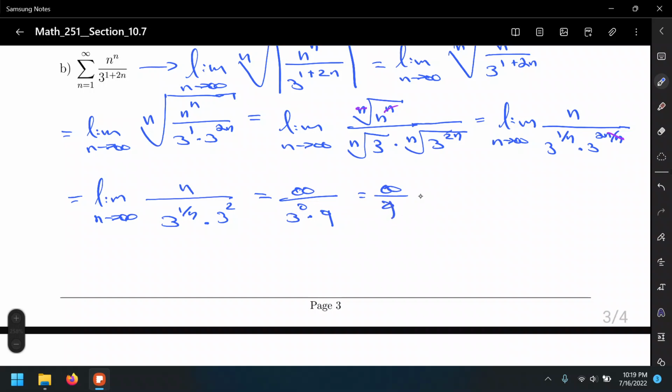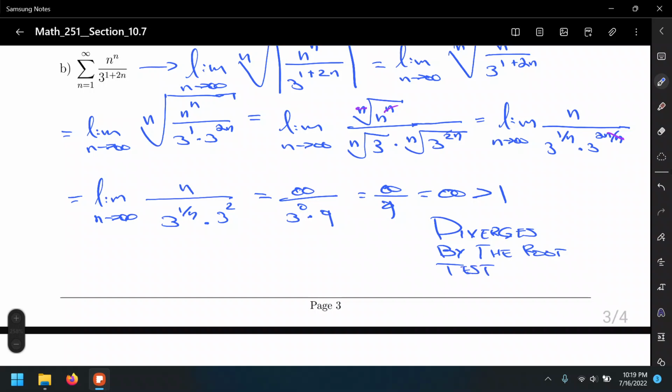That's simply infinity over 9, which is infinity. In fact, because infinity is greater than 1, the series diverges by the root test.